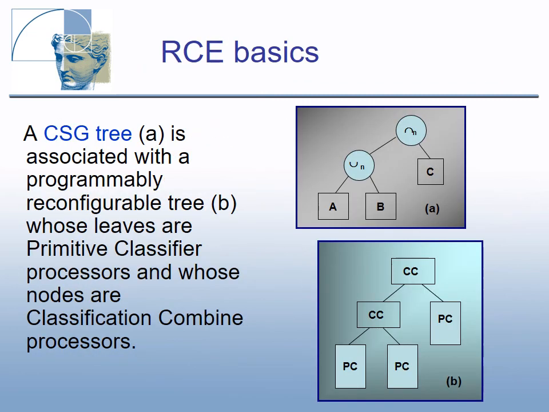How does the RayCasting Engine process CSG objects? A CSG tree, shown in image A, is associated with a programmable reconfigurable tree, image B. Those leaves are primitive classifier processors, marked as PC, and those nodes are classification combiner processors, marked as CC.